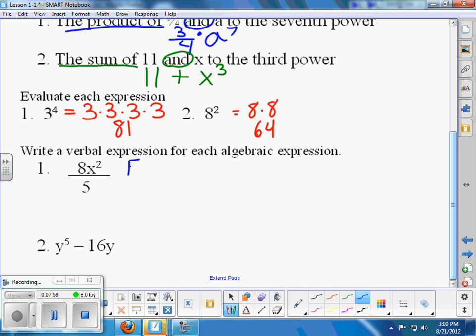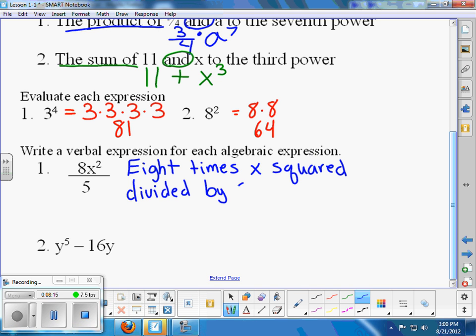This would be 8 times x squared divided by 5. And of course, you can use other words to describe the multiplication, or to describe this division, or to describe the squared. Just make sure that you spell each word out, that you don't write the number. Make sure you do spell it out with a word.